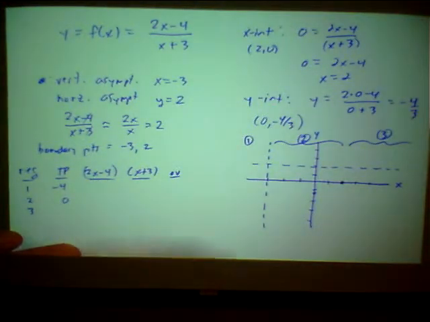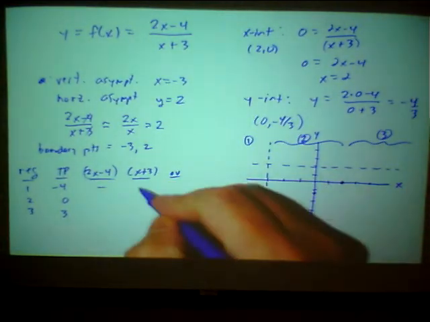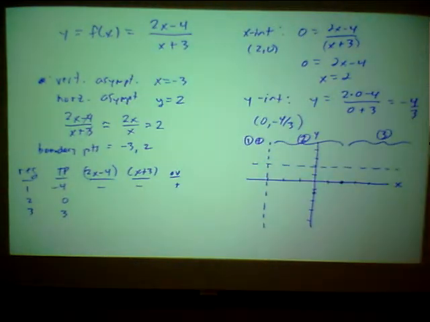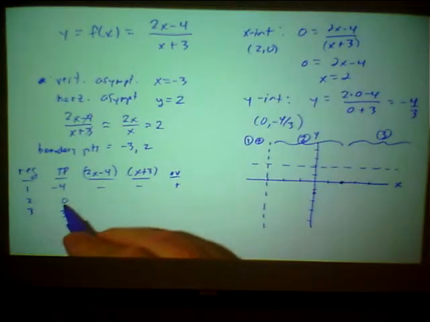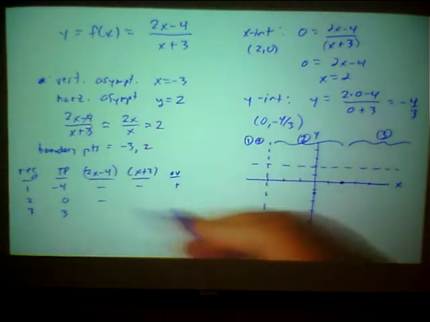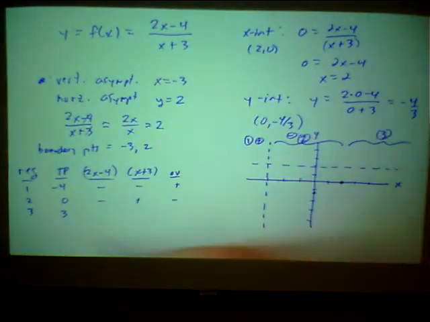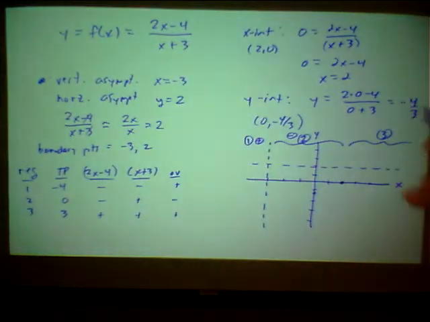And for region 3, I'll choose 3. So for region 1, it's going to be negative, negative, overall positive. So region 1 is positive. Region 2, when I have 0, it's going to be negative, positive, so region 2 is negative. Region 3, positive, positive, positive again.